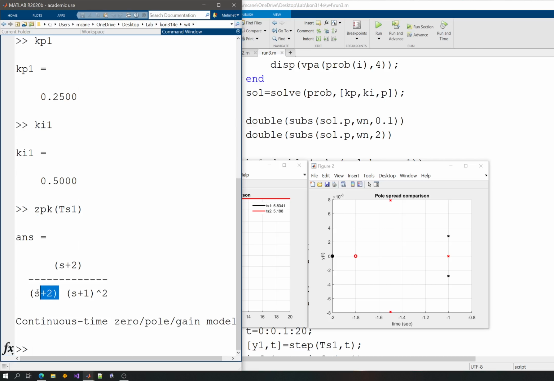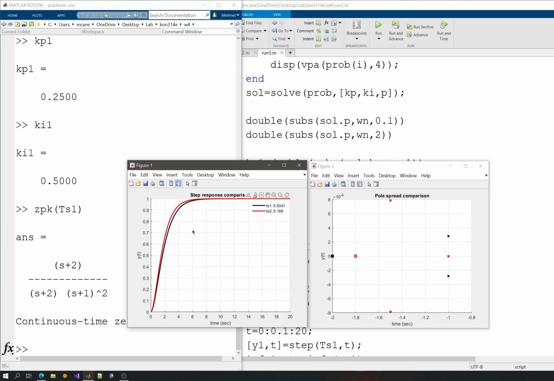I also have a pole there, and you can see that they are exactly on top of each other, so they will cancel each other out, and I will have a system that has a transfer function equal to 1 divided by s plus 1 squared. The square here is indicating that zeta is equal to 1, and omega is also 1. So if I want to have a system that looks like this, this is the ideal setup.